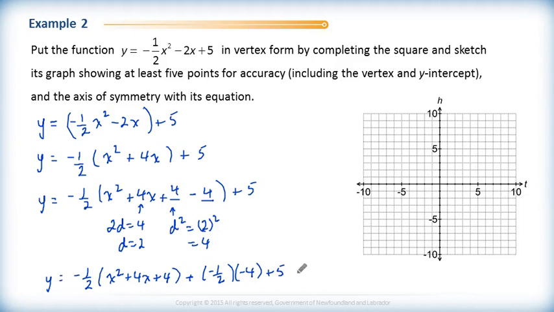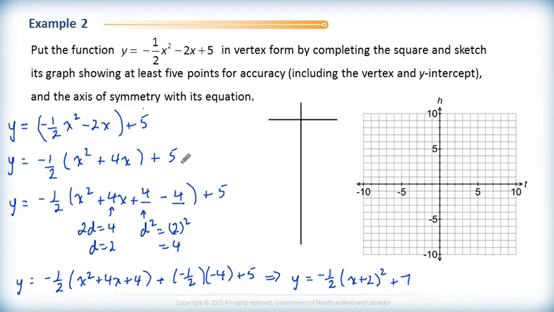So in short, that gives me y equals negative 1/2. The factors of the perfect square trinomial are x plus 2 squared, x plus my d value squared, and then negative 1/2 times negative 4 is plus 2, plus 5, which is 7. Now by moving some things over, I can probably squeeze in a table of values here.